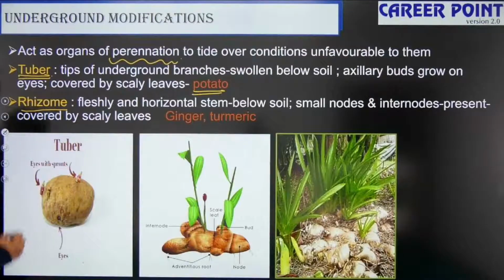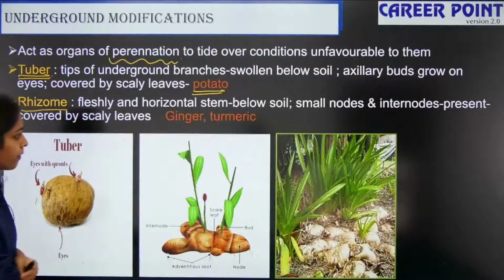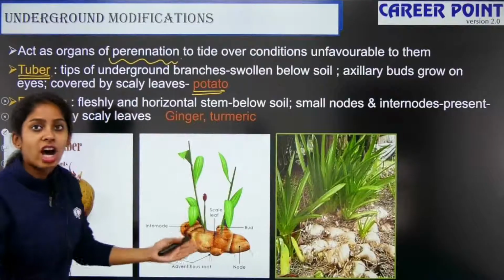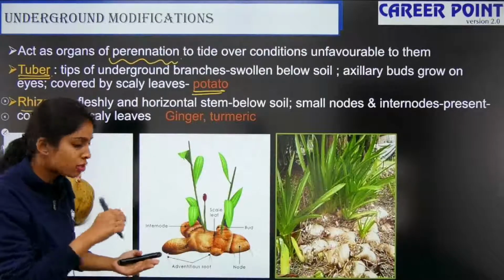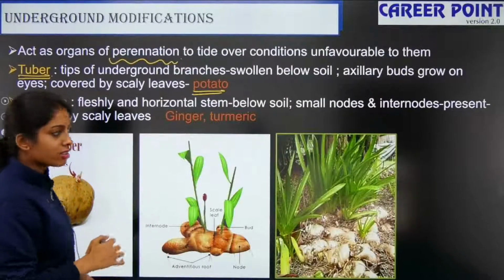So this is tuber. Tuber is potato. These are swollen branches. They grow below the soil and you have spots on the potato. They are called the eye. From there it starts sprouting out into a new plant. Next, ginger is a horizontal stem which grows below the soil. This also has scaly leaves and buds arising on the surface.